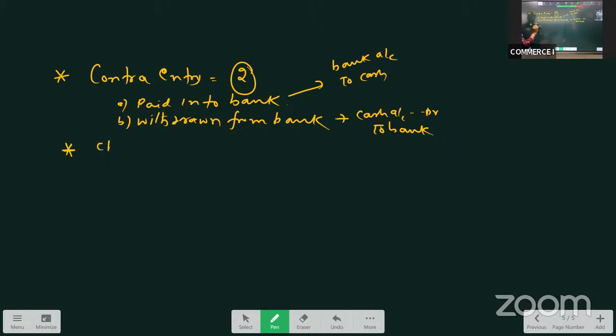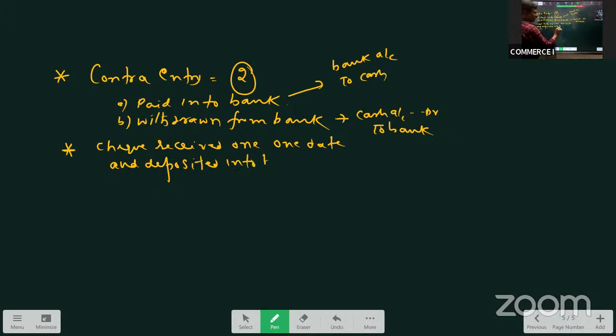If a check is received on one date and deposited into bank on some other date. Check received on one day and sent to the bank on another day. If a check is received and there is no information about it, we assume that the check was sent to the bank the same day. We assume that the check is deposited into bank the same day.